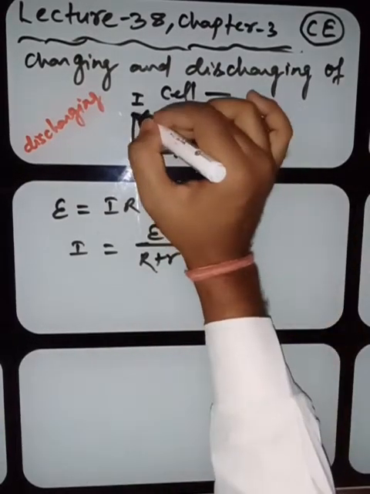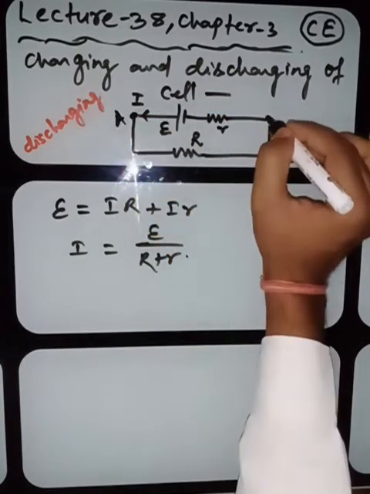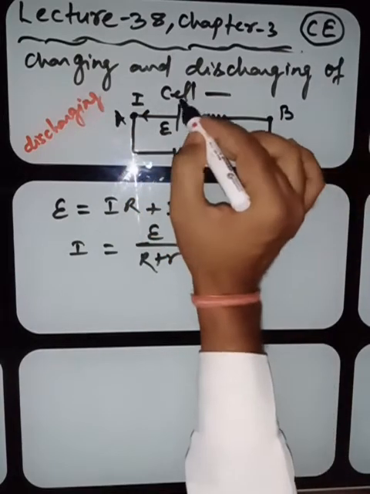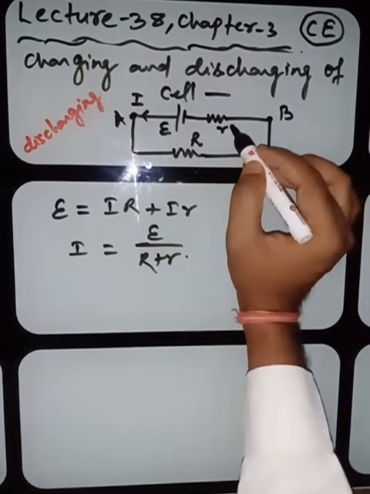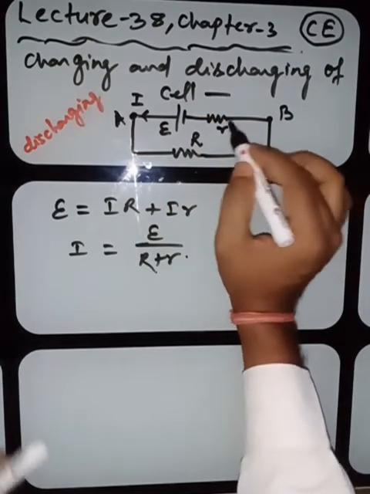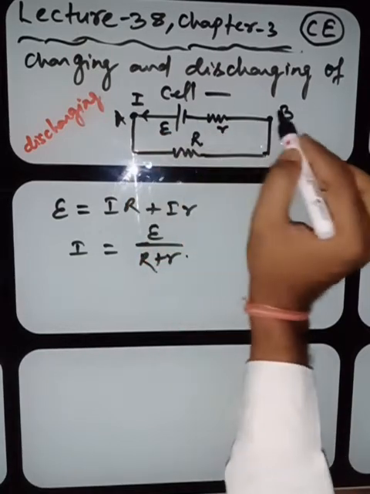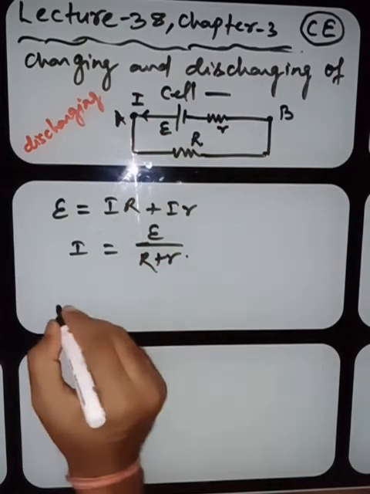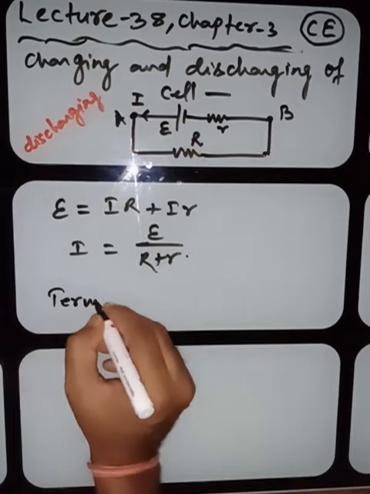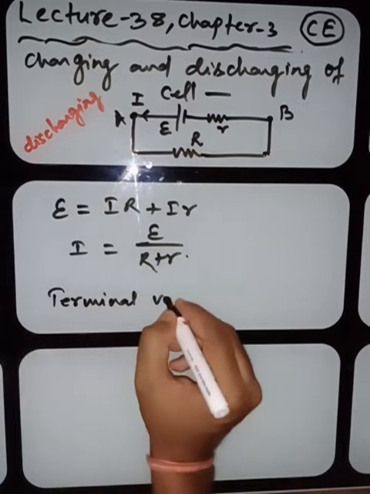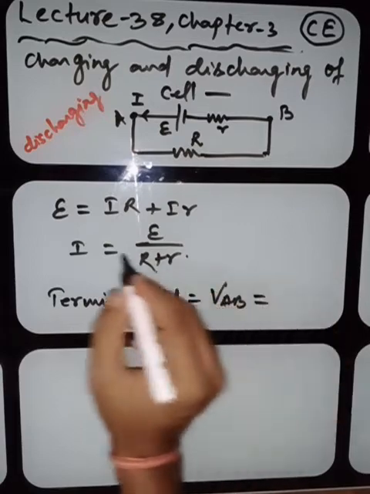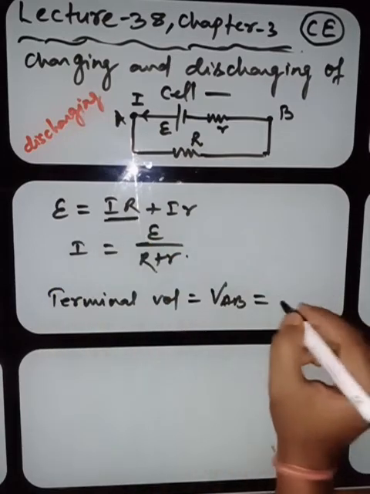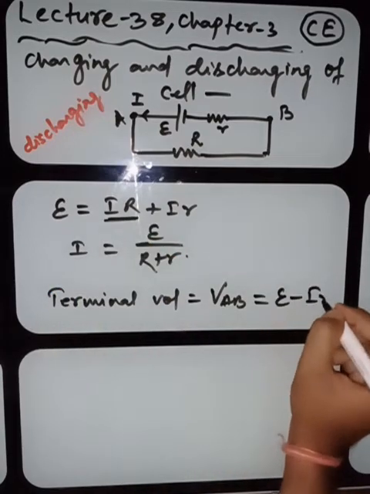If we talk about the terminal voltage, if it is A and B, since this is the entire cell, you cannot take out this particular r from the terminal. So this is the terminal. What will be the terminal voltage? You will write the terminal voltage as VAB, and it is E minus Ir.